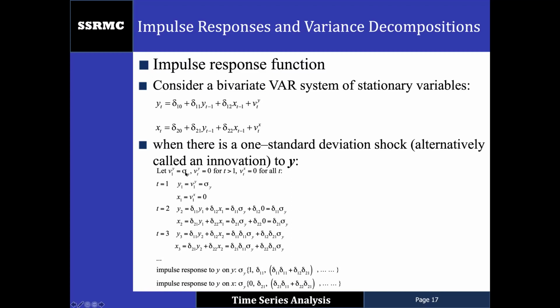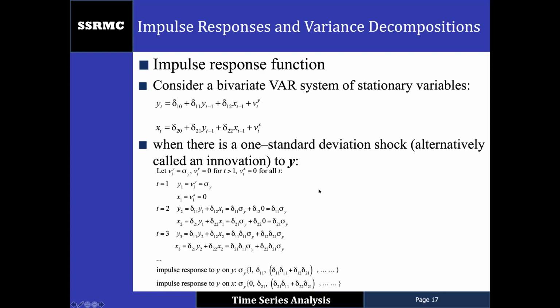So if the size of the shock is 1 standard deviation of Y itself, and we set the shocks in later periods to be 0, we only consider this one single shock and look at its effect in the current period and in future periods. And we set V_t^x equals 0 for all t, which means we hold the shock from x constant.